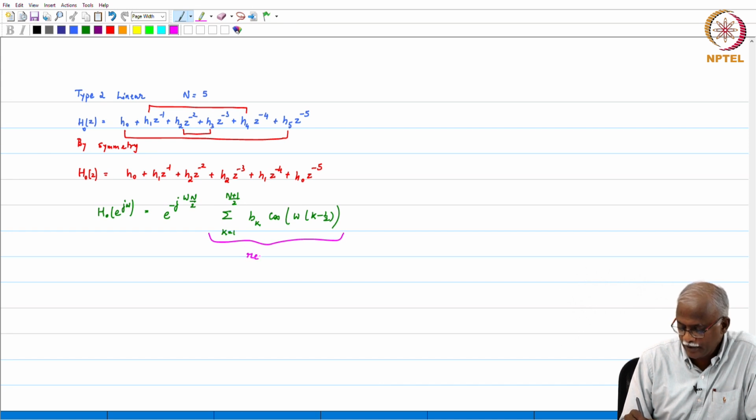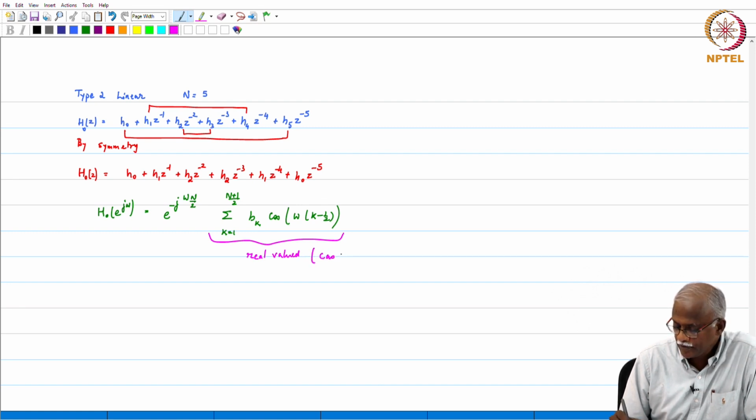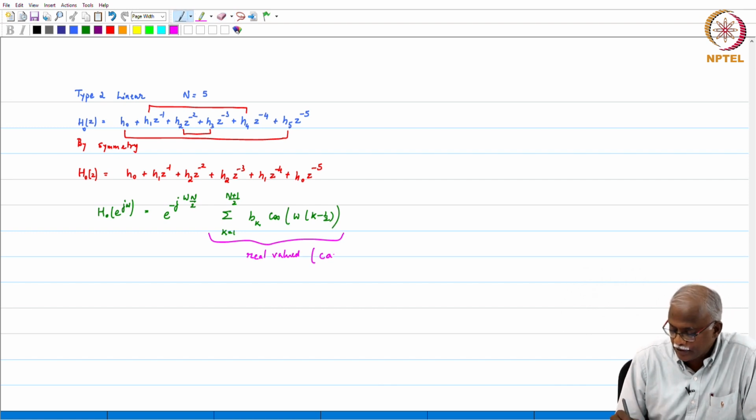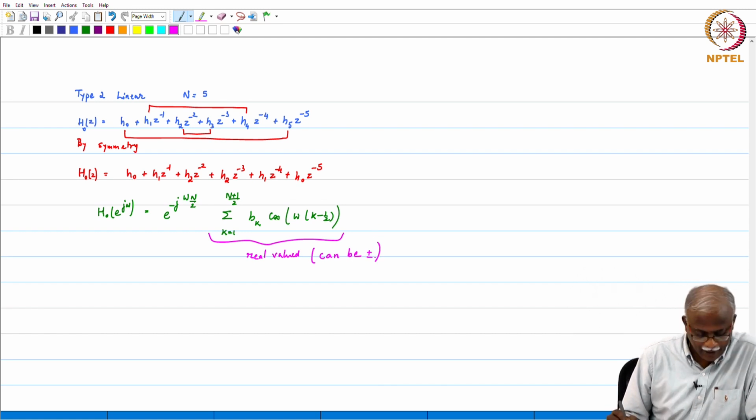Let us make a note of that. It is a real valued function. It can be positive or negative. Because it is a real valued function, it can be more than 0 or less than 0, and we can denote this in terms of a real valued function.